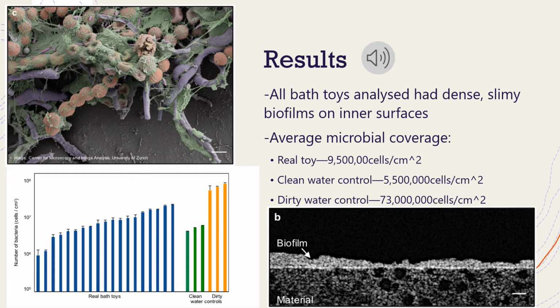The clean water control toys averaged about 5,500,000 cells per centimeter squared, and the dirty water control averaged 73 million cells per centimeter squared. Looking at the graph again, you'll notice the clean water control has significantly less bacteria present, whereas the dirty water control has a lot more.